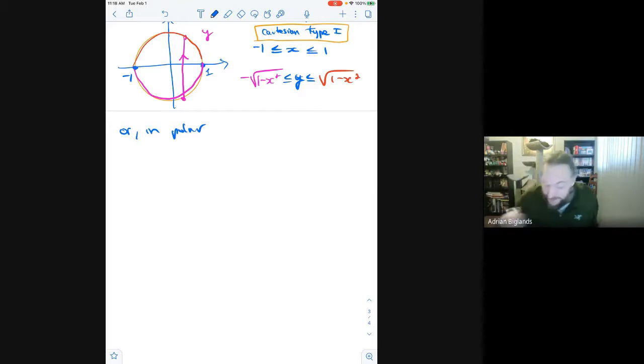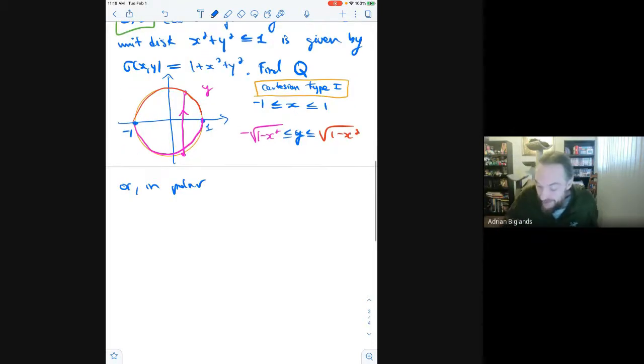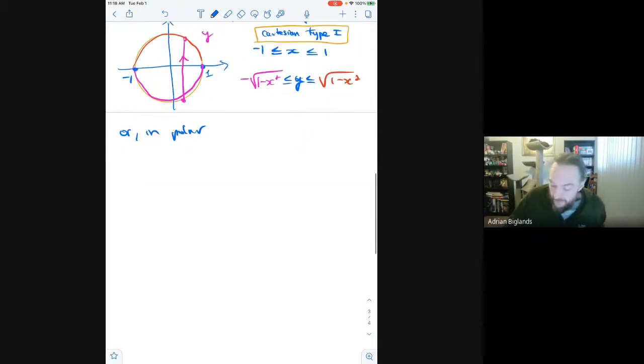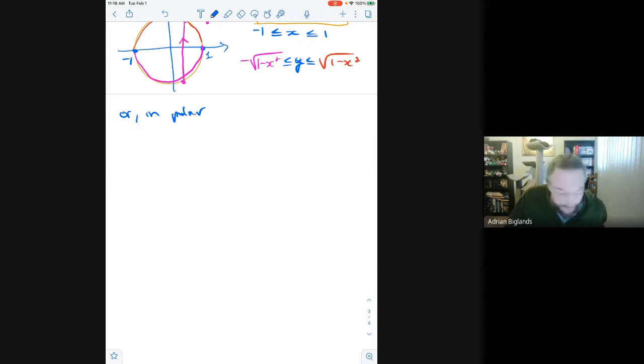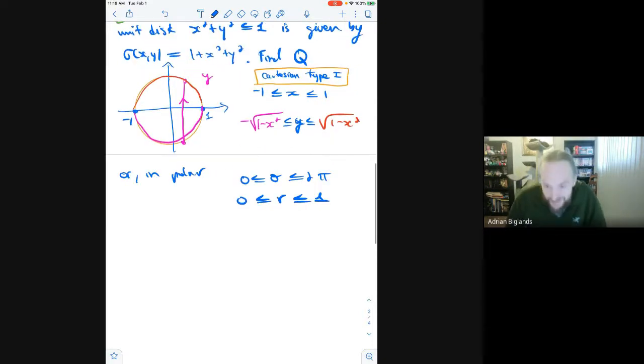If we redescribe this, we have 0 is less than or equal to theta is less than or equal to 2 pi, 1 full revolution around the circle, and then 0 is less than or equal to r is less than or equal to 1. So we have a horrible type 2 or type 1 region in the general sense if we use Cartesian, or we just have basically Fubini's in polar coordinates where we have constants and everything.